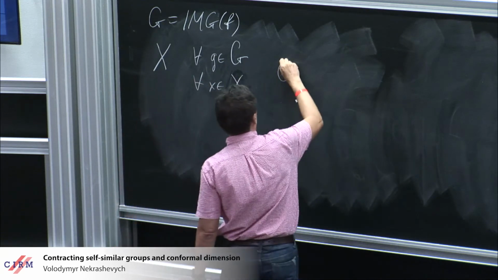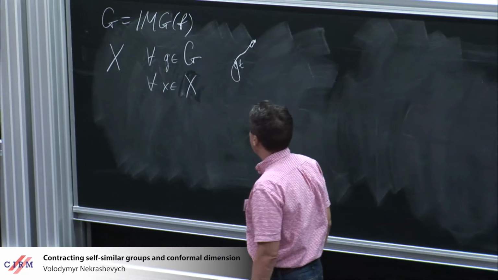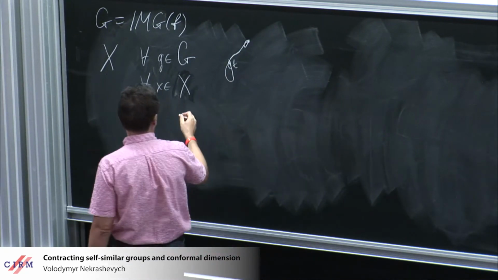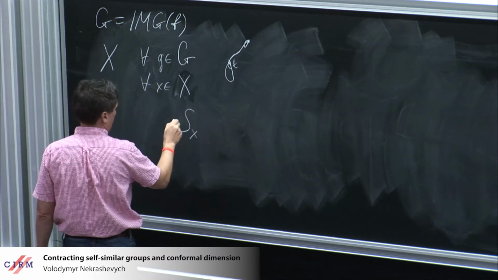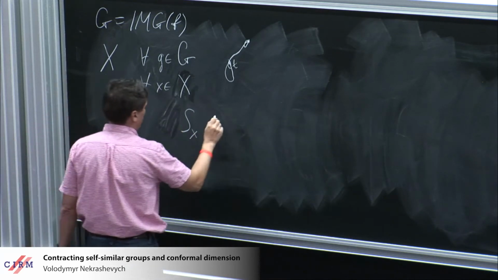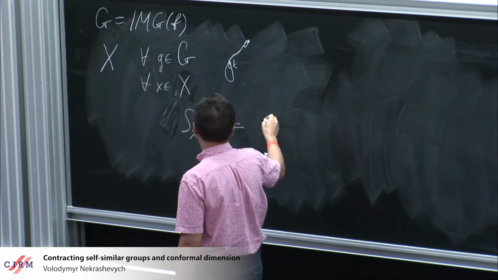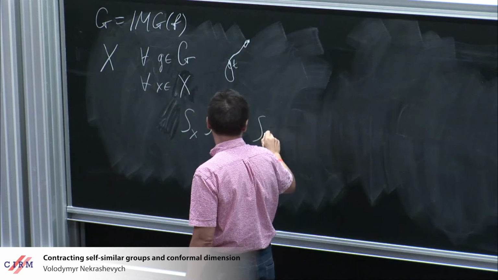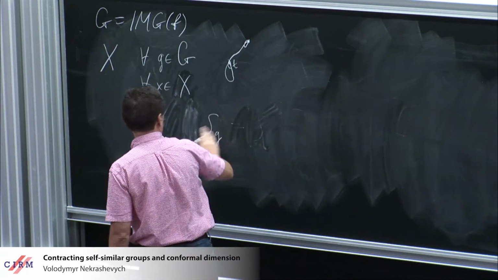for every path connecting the base point to a preimage, we'll have the following relation: if you apply Sg and then Sx, you can rewrite it as applying, sorry, I confused the sides again.